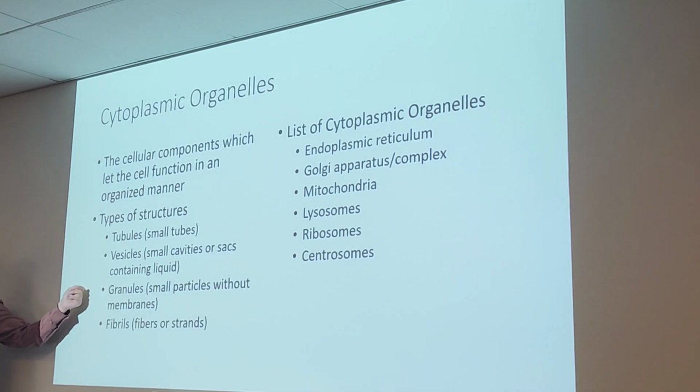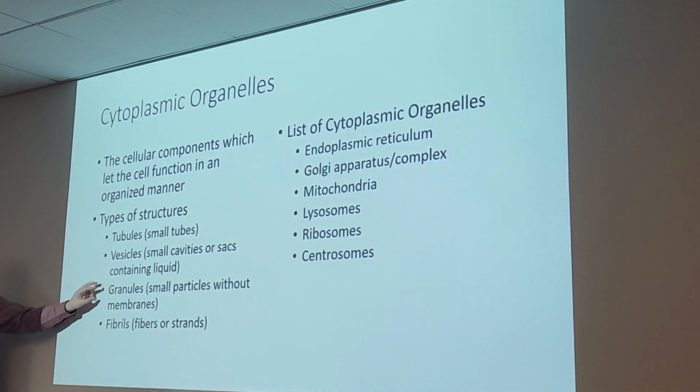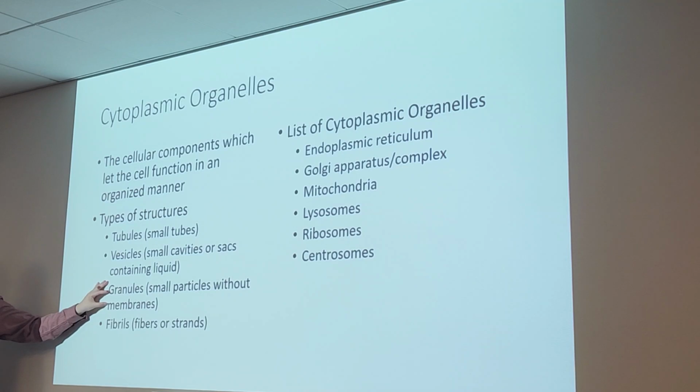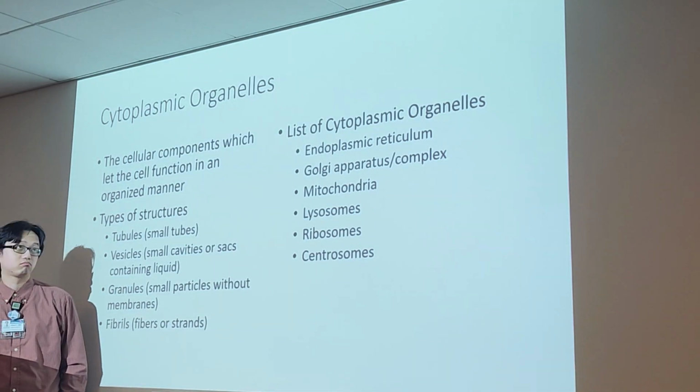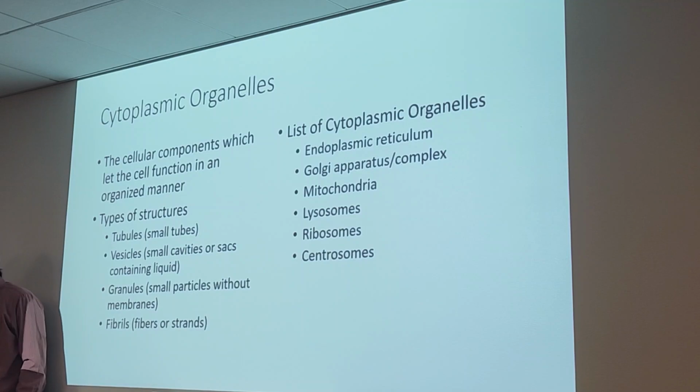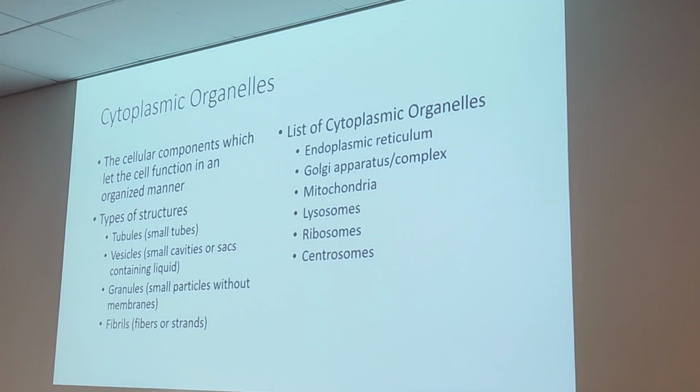Granules, these are small particles without membranes, so without that lipid membrane. Fibrils, these are fibers or strands. So these are general structures that you'll find. And then as far as specific organelles, like complex cellular components, we have things like the ER, the Golgi apparatus, mitochondria, lysosomes, ribosomes, and centrosomes.